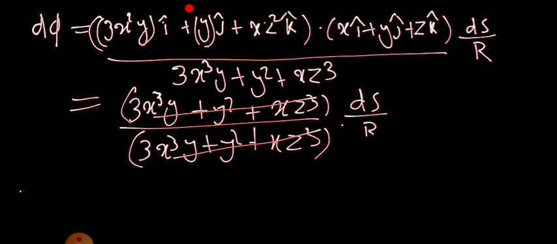So dφ comes out equal to ds by R, where R is a constant quantity.